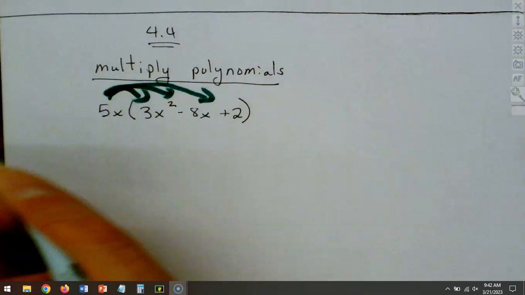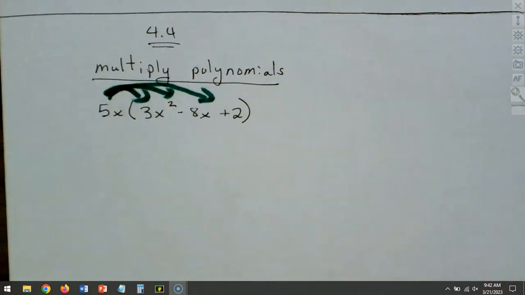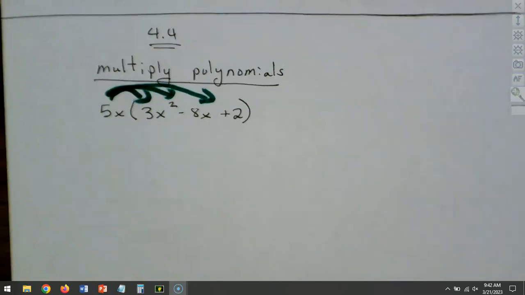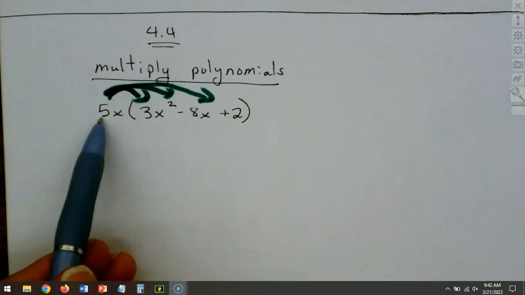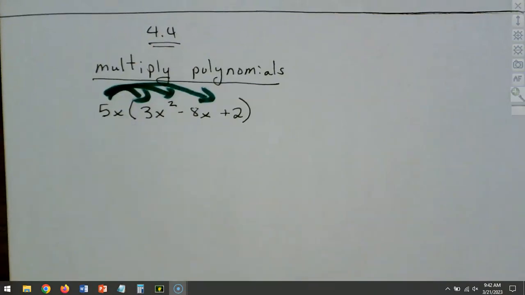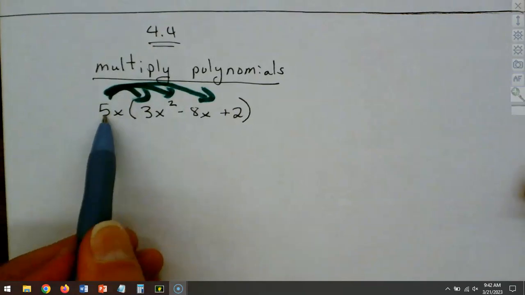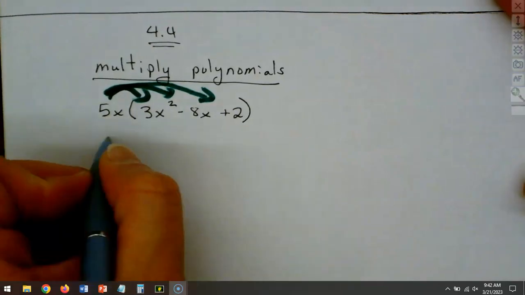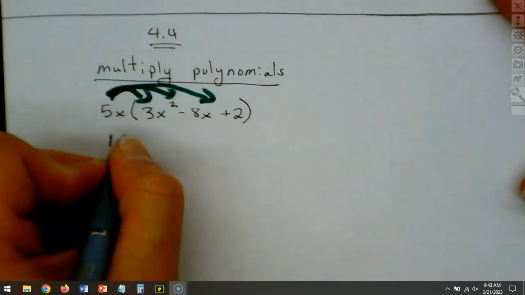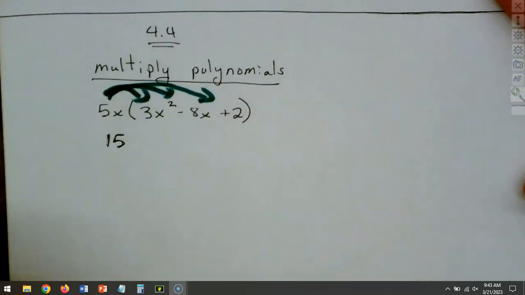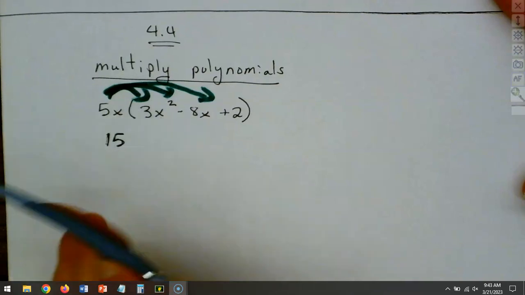Now the powers are going to add together, and the coefficients, the numbers in front, these multiply together. So first thing we do is 5 times 3. Well, 5 times 3, that makes it a 15. And then how many x's do we have? We have 1 and 2 more.